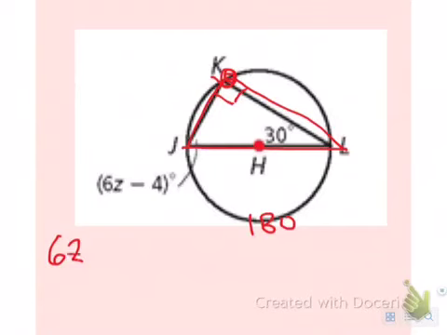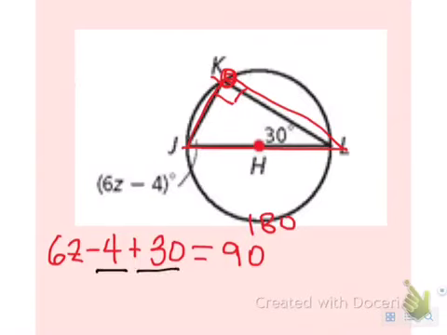So I could say 6z minus 4 plus 30, because those are my two acute angles, have to equal 90. I want to combine my like terms. So my like terms here are negative 4 and positive 30. So that's going to give me 6z plus 26 equals 90. And if I solve for z, I'm going to subtract 26 from both sides.